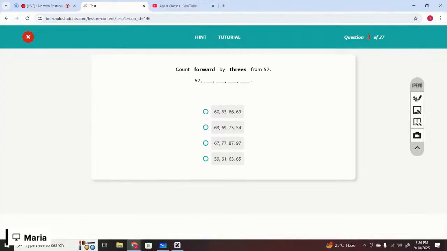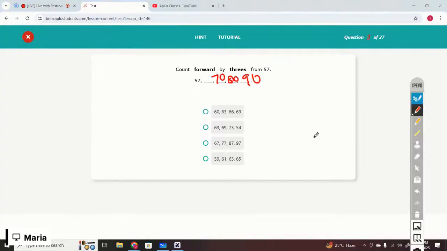Count forward by threes from 57. That is 57 plus 3 is 60. 60 plus 3 is 63. 63 plus 3 is 66.